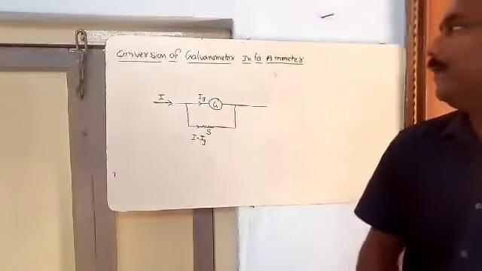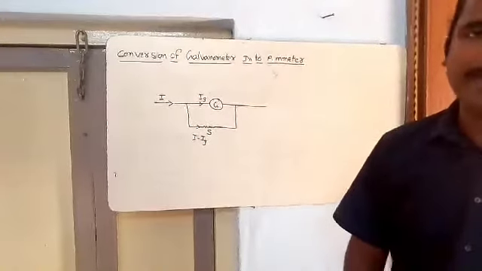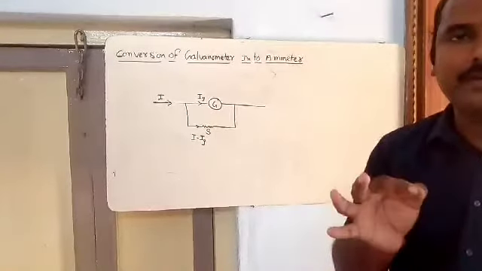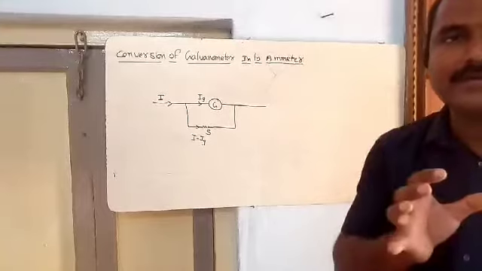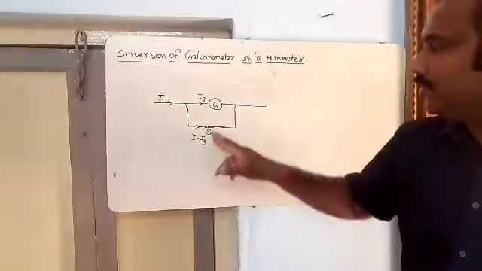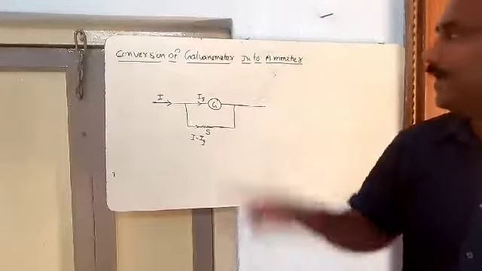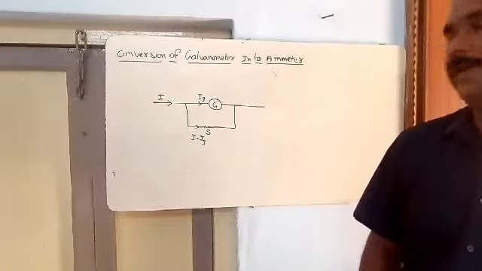So this is the principle of conversion of galvanometer into ammeter. Once again, if you want to convert a galvanometer into an ammeter, a very low value resistance, namely a shunt, is to be connected in parallel to the galvanometer.